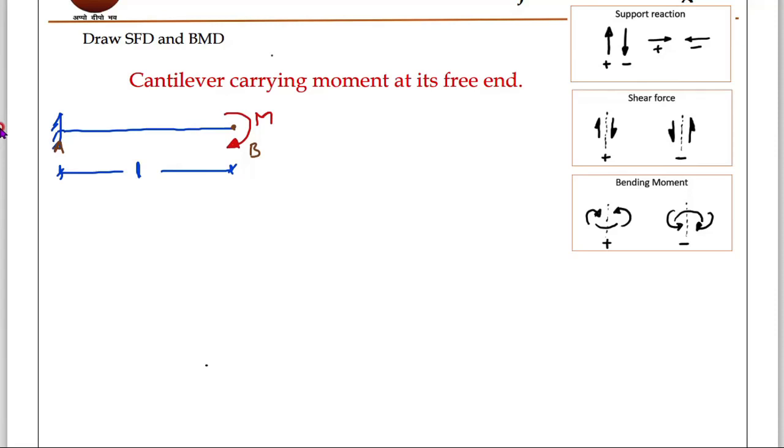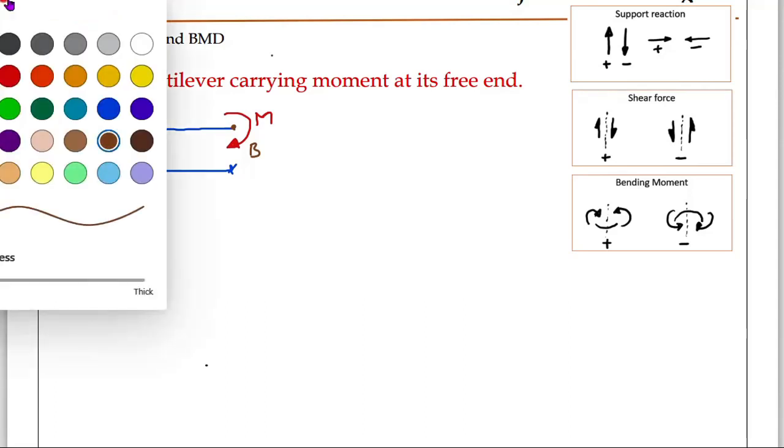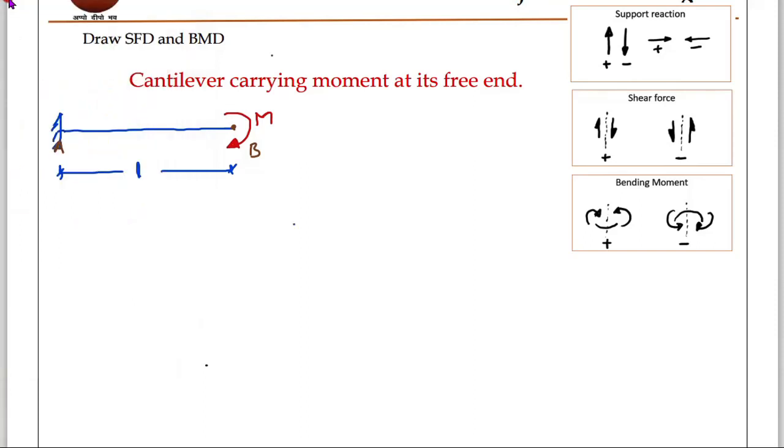Here the free end is the right side, therefore we will deal with everything with respect to that right side. In your notebook or paper, keep this space blank. This complete place will be just for the shear force and bending moment diagram. Everything we write, we will write in the right part of the page.